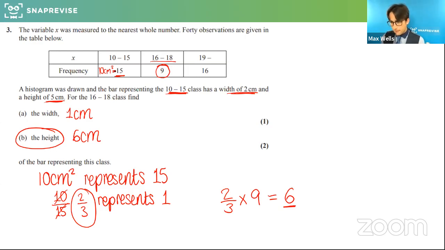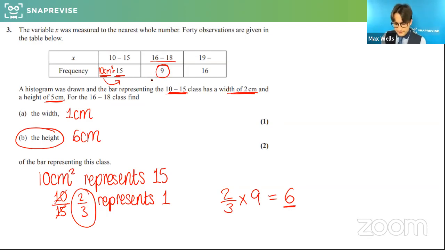Yeah, absolutely. So just to clarify, for this one, we want to work out what area would represent 9 people? And obviously it's going to have to be less than the previous one because we're talking about fewer people. So if 10 centimeters squared represents 15 people, then every person is 2/3 of a centimeter squared, or you could think of what the factor is from here to here, because I need the same over here.